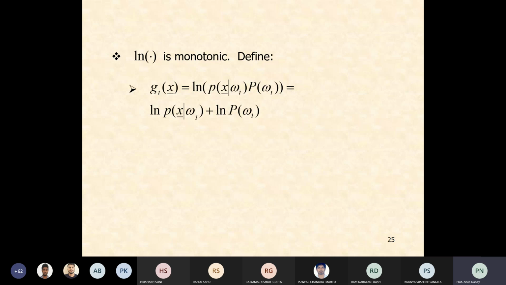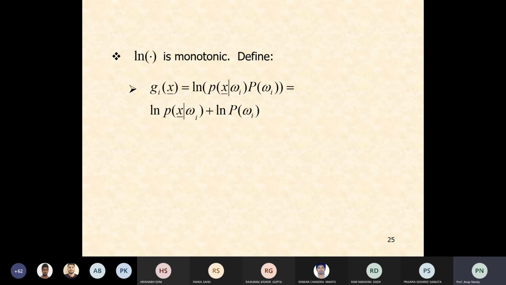Under these assumptions, we can establish that from the Bayes decision rule you can derive the minimum distance classifier. First assumption is that all the prior probabilities are equal. Second is that the distribution is normal. Third is that all the variance covariance matrices are equal, not only equal but an identity matrix. Then under these assumptions, you could derive this minimum distance classifier.